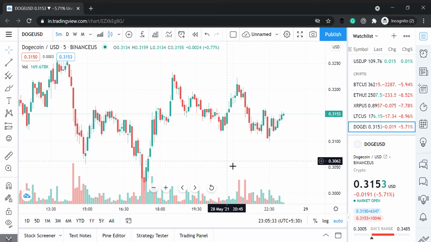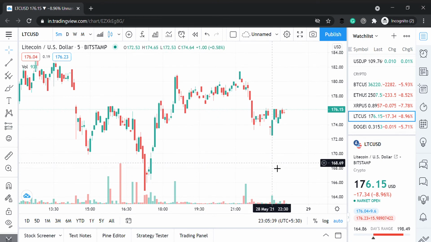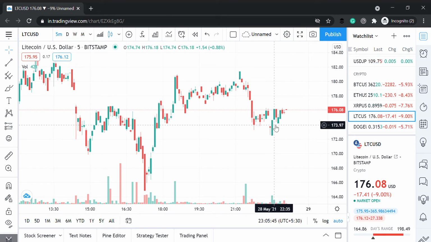And the same thing generally happens in all kinds of charts. When you see here, the volume increased, the price goes up, but in the next candle itself, the volume starts decreasing while the price was increasing, so there was a drop. Again, there was a drop.